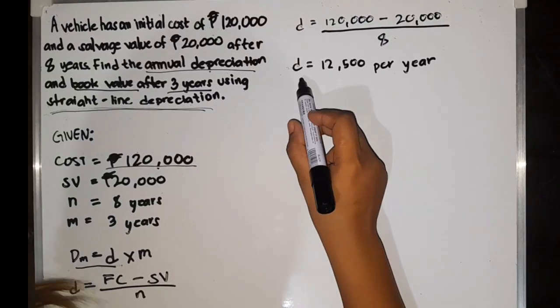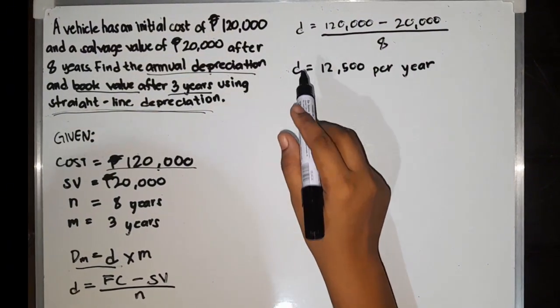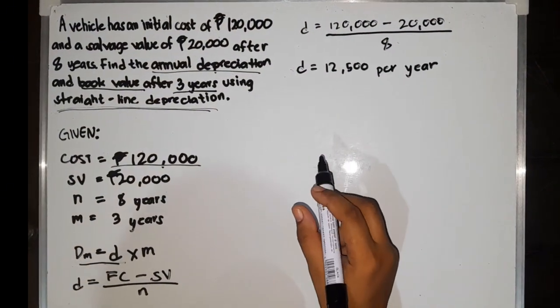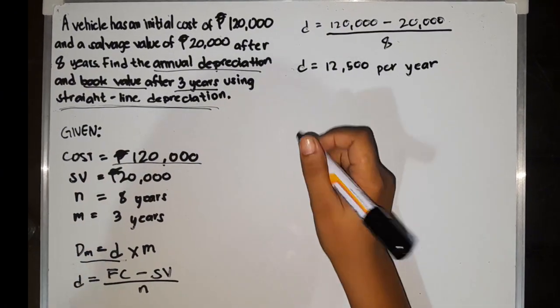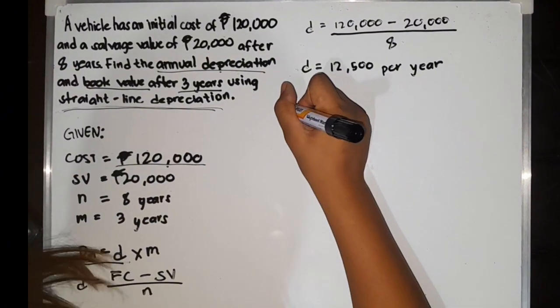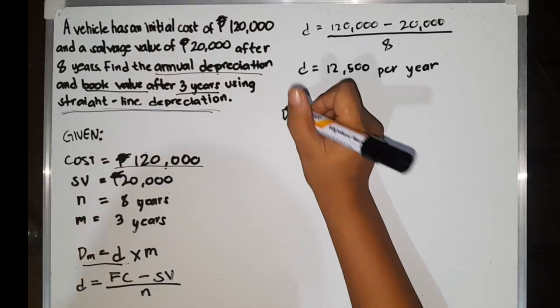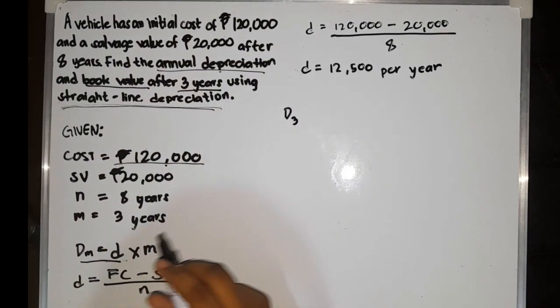Now that we already have D, or the depreciation charge per year, let's move to D sub M, or the total depreciation after M years. Since M is equal to 3 years, D sub 3 is equal to D, which is 12,500, multiplied by M, which is 3 years.